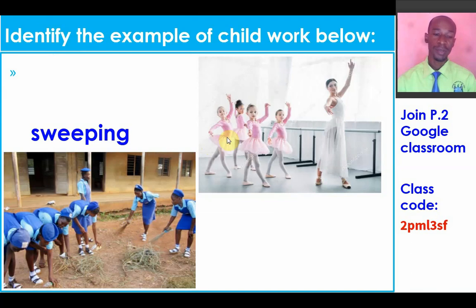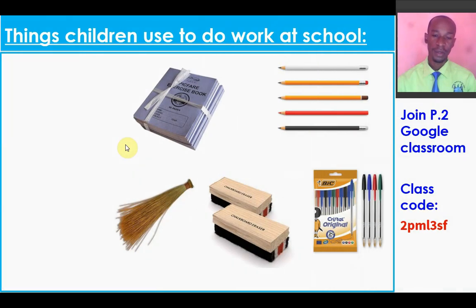Can also be sweeping the classroom. Next here, what are these ones doing? They are with their trainer. So these ones are dancing. At school there is dancing. So which dance is this? This is ballet dance.